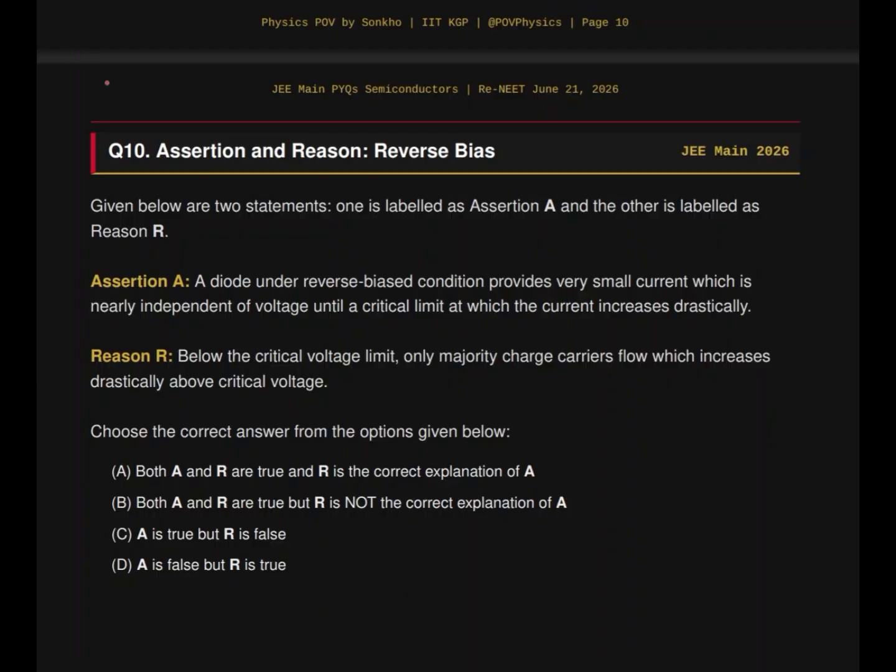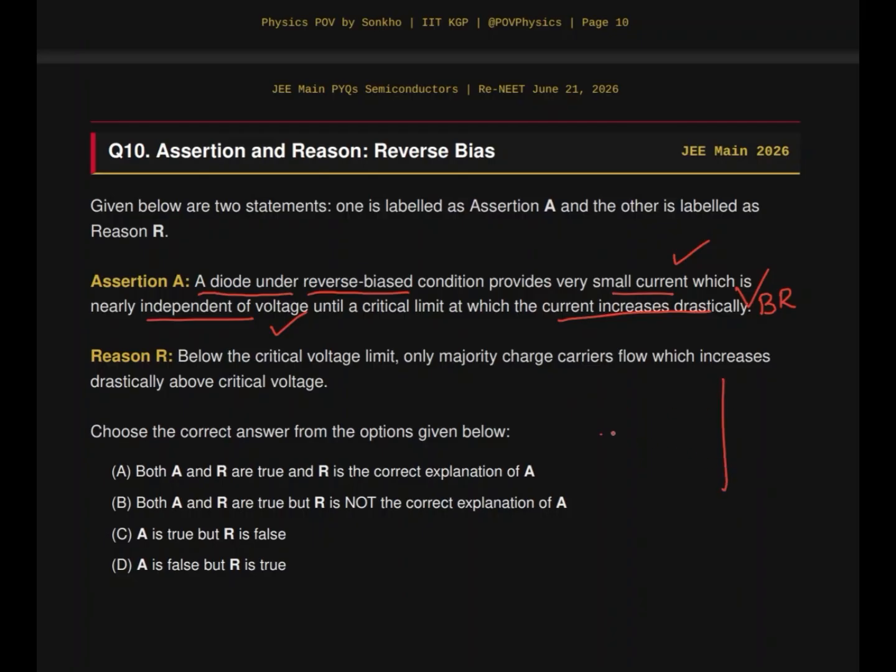Next we have this assertion reasoning question. We have a diode under reverse bias condition provides a very small current, true. It is nearly independent of the voltage, true, until a critical limit at which current increases rapidly, that is breakdown, right? So this is true.